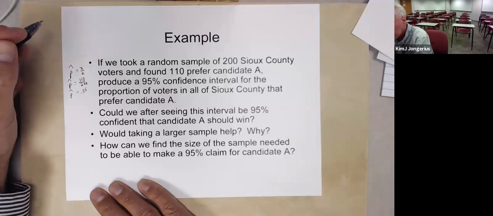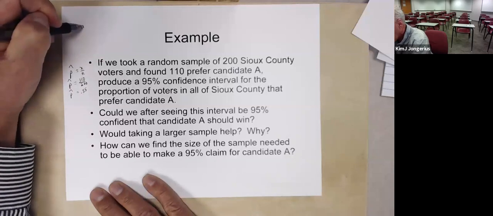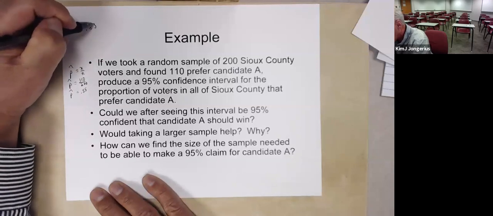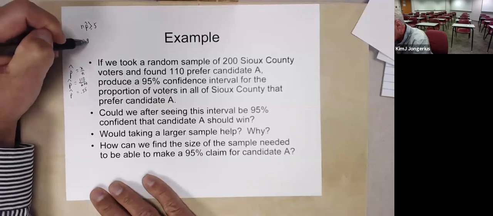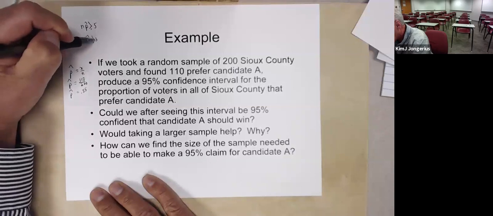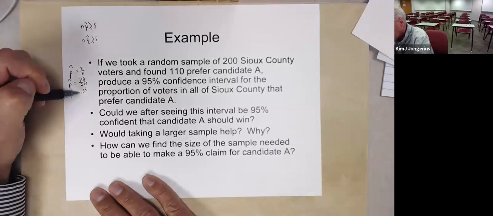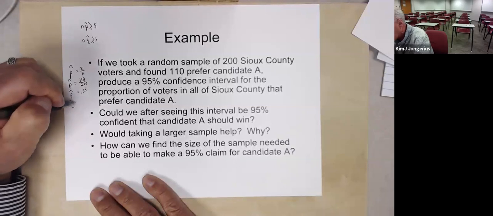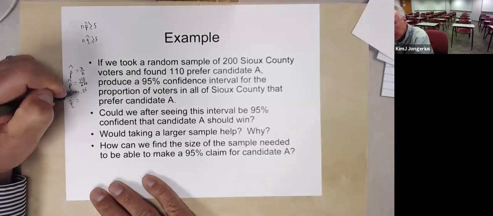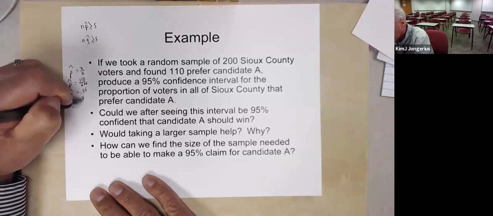I could then also test my np greater than or equal to 5. In this case, that's n p hat, and n q hat greater than or equal to 5. P hat is the larger one. Q hat would be the one that really needs to be tested, which is the complement of 0.55, or 0.45.